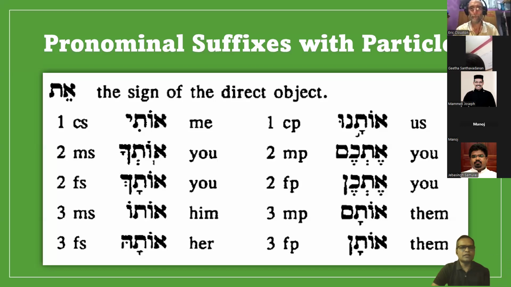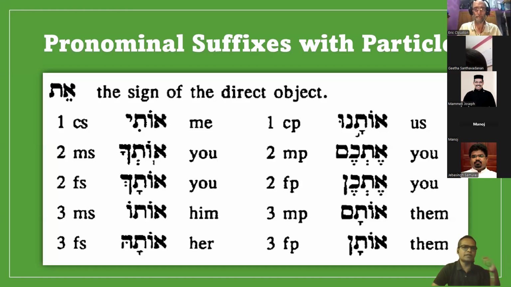And there is one element which is called the accusative or object marker. That means this particular word, et, is the sign of direct object. In a sentence, before the object, this et will be placed.